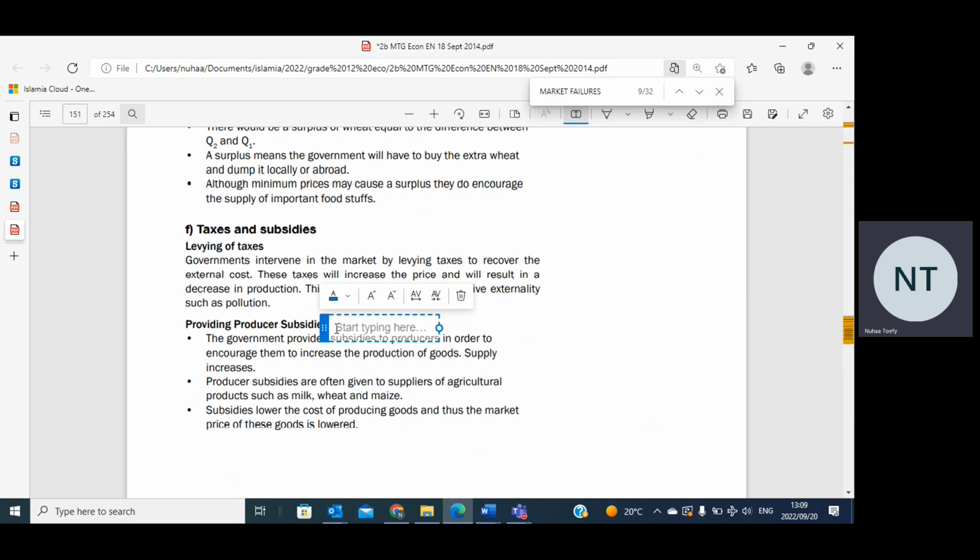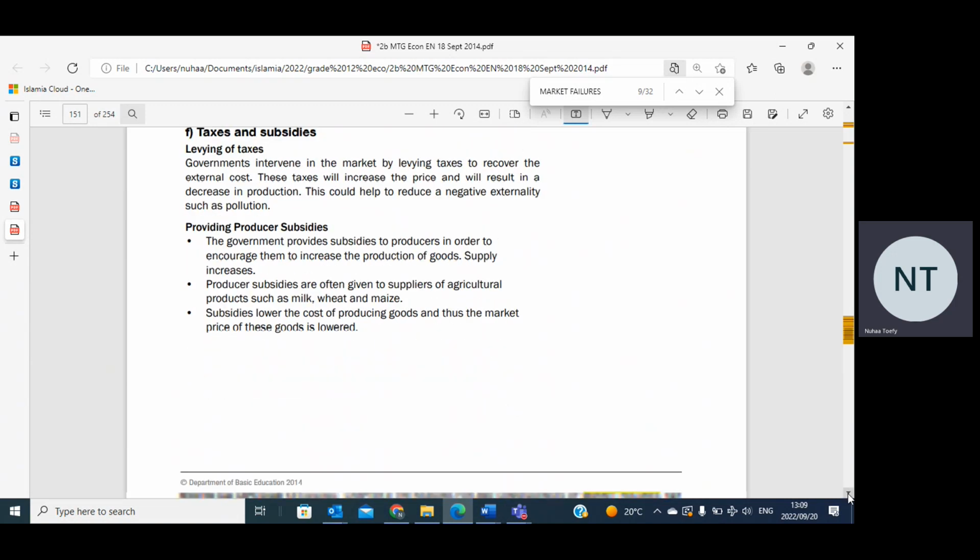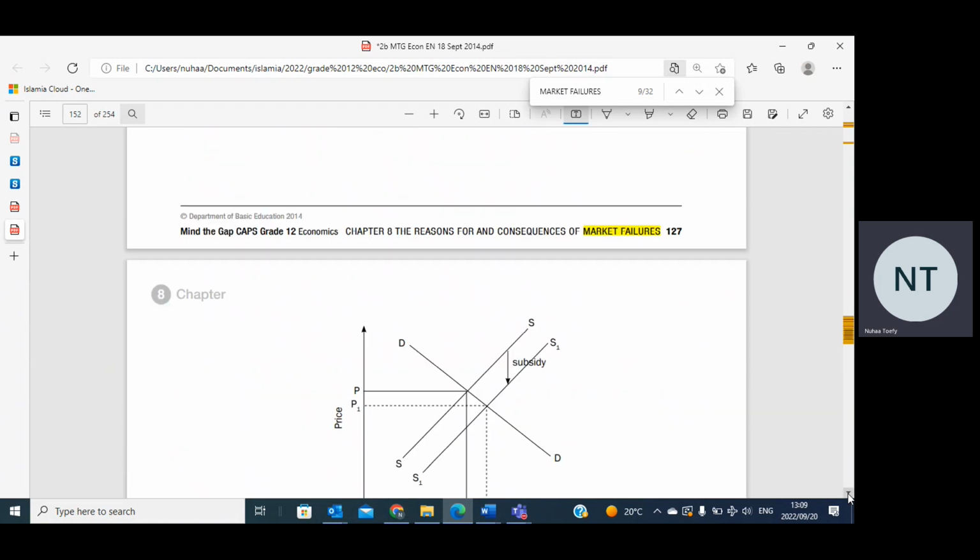And then anything that has a positive externality, for example, education, we're going to provide producer subsidies. Okay, in some cases we have free schooling, right? In areas where the parents don't really have money to send the kids to school, you'll have a free schooling system. Okay, so let's look at this one.